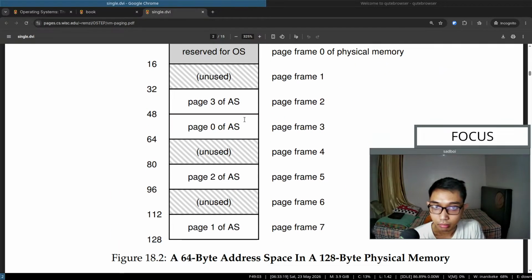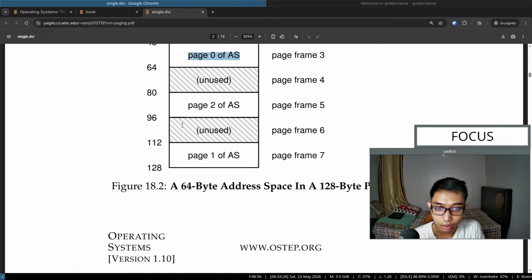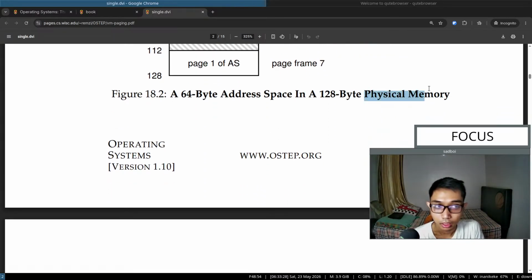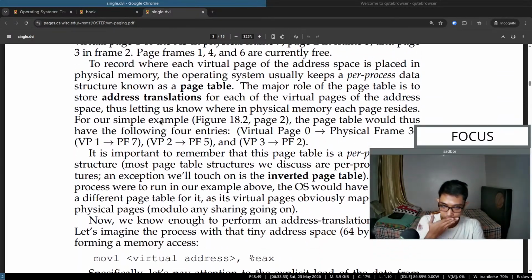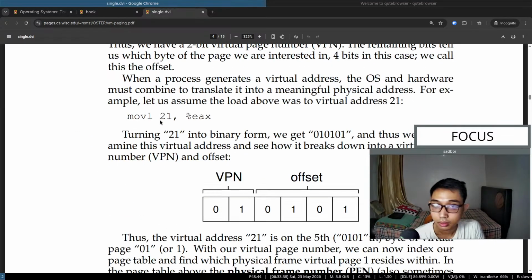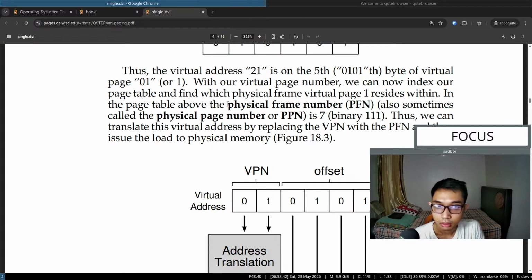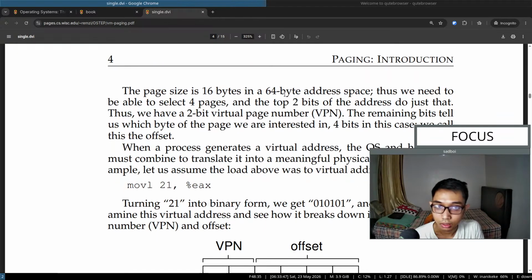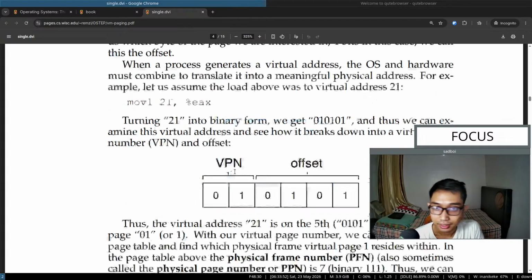This is the representation of the page in the, what is it called, page frame, I guess, or physical memory, right? And then there is this term physical frame number and virtual page number, the VPN.